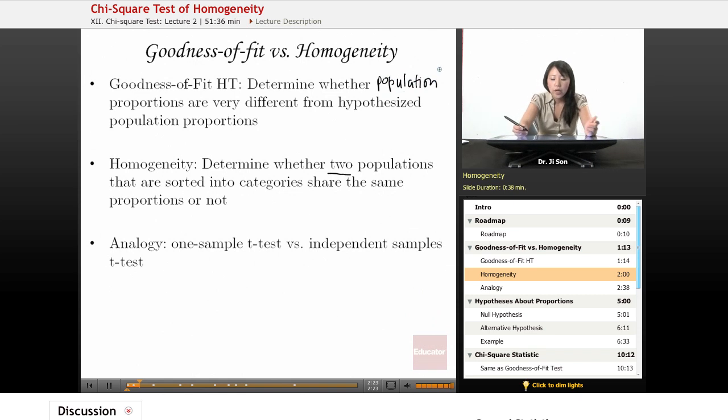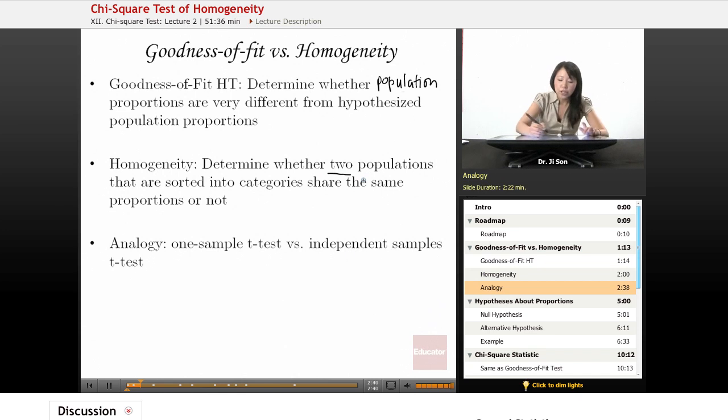So here we have two populations, and we want to know whether those two populations are similar in their proportions or not. We're not comparing them to some hypothesized population. We're comparing them to each other.